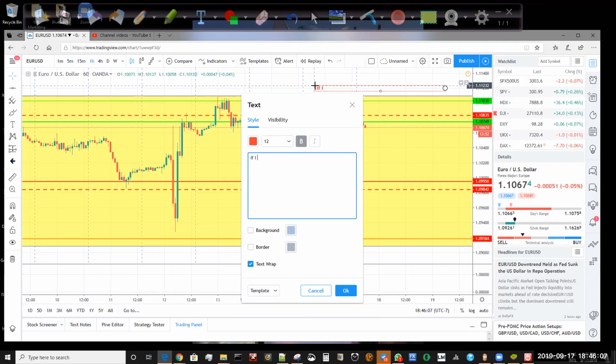If I am selling, my stop loss would be above the last high plus the spread.